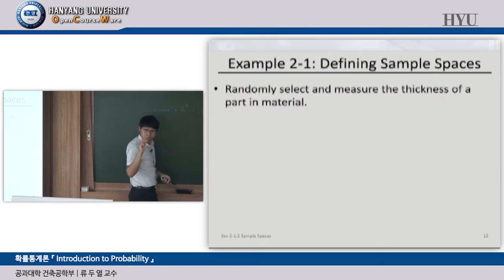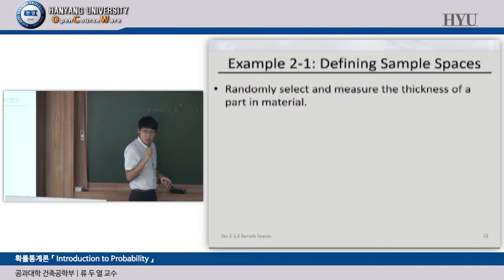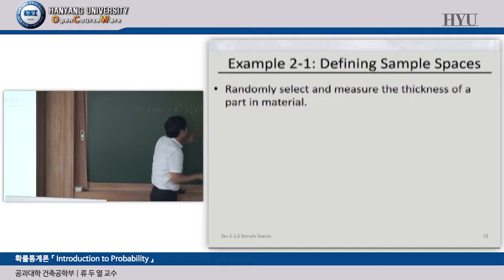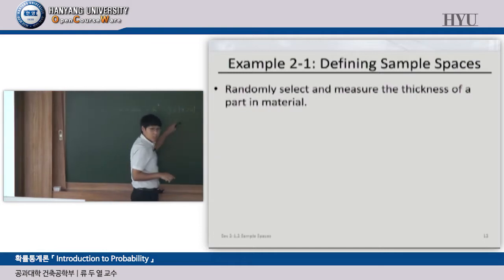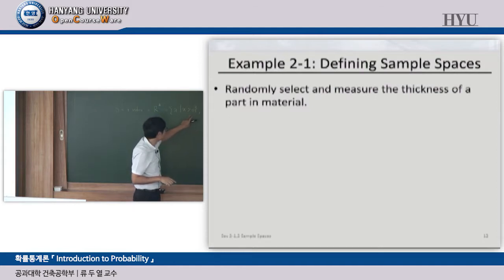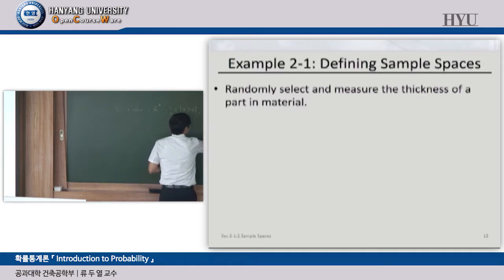There is no 0 thickness in a real situation. The thickness is always larger than 0. So this is the continuous system, right? The item is expressed by the interval larger than 0. So we cannot count the number of items included in this sample space. So this is the continuous system.